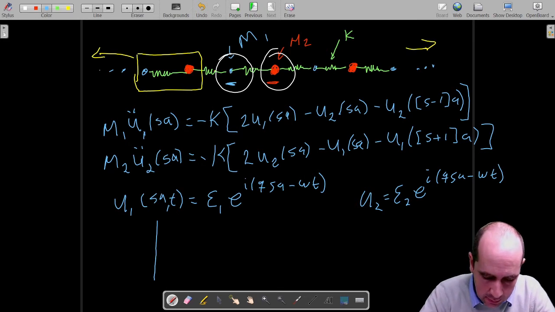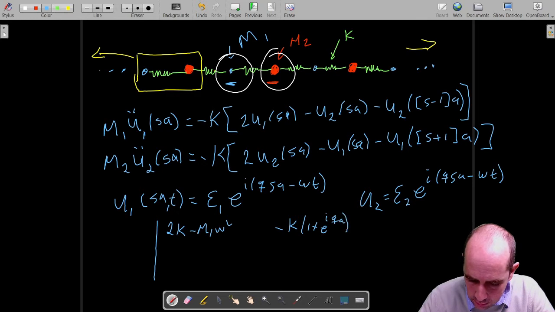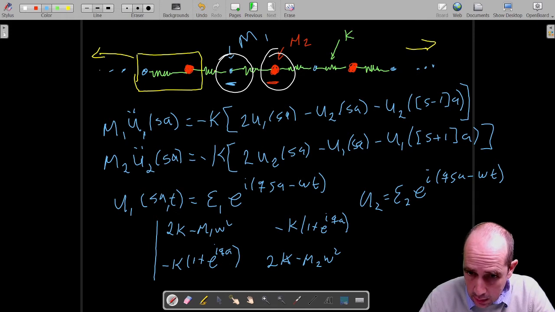So what we obtain is that 2k minus m1 omega squared, minus k(1 plus e to the i q a), minus k(1 plus e to the i q a), 2k minus m2 omega squared, the determinant is equal to 0.